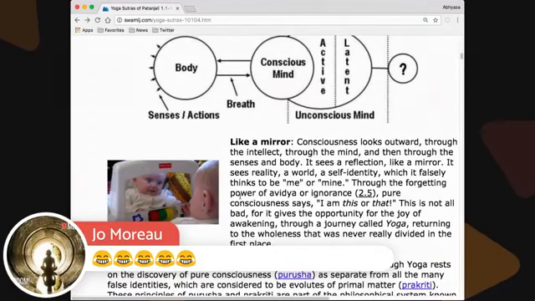It sees a reflection like a mirror. It sees reality, a world, a self-identity, which it falsely thinks to be me or mine. Through the forgetting power of avidya, or ignorance, Sutra 2.5, consciousness says, I am this or that. Look at that little picture of the baby, if you can see it. This is what we do.